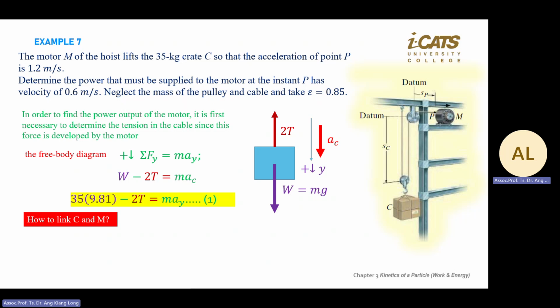It will slow down by half because of two cables. So you start with the pulley equation, total length equal to something plus something. So this one you have 2 SC plus the length of the cable to the motor, SP.